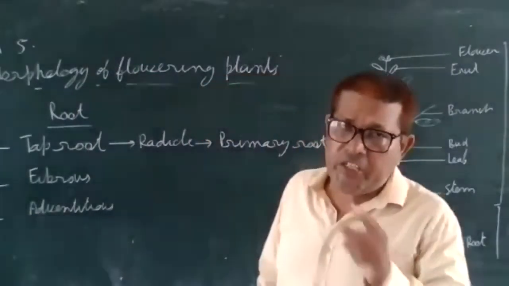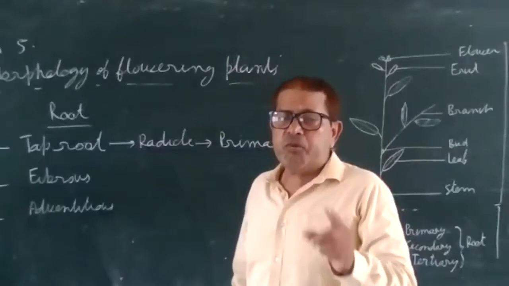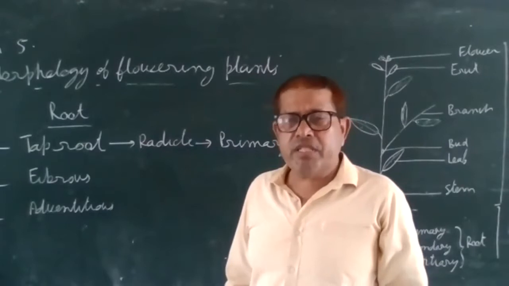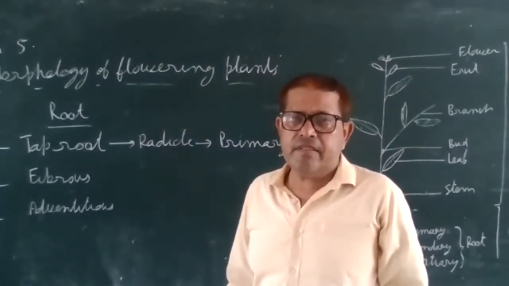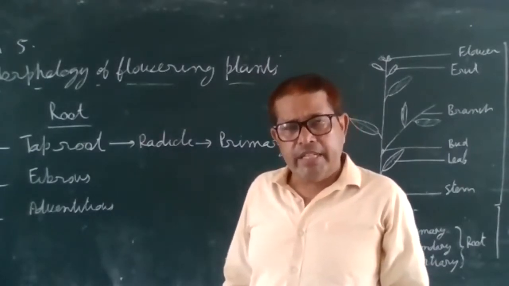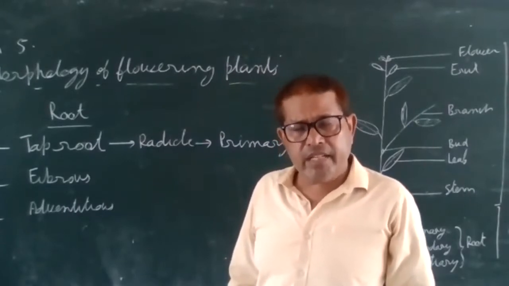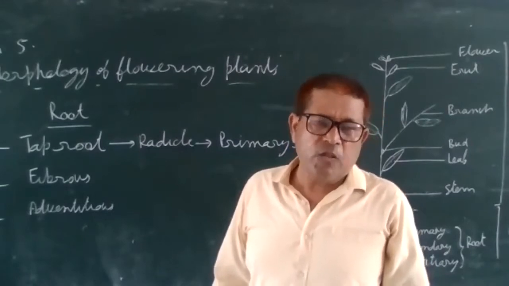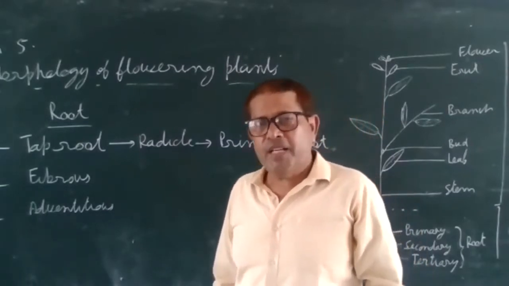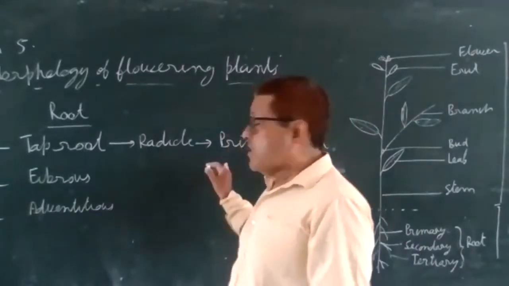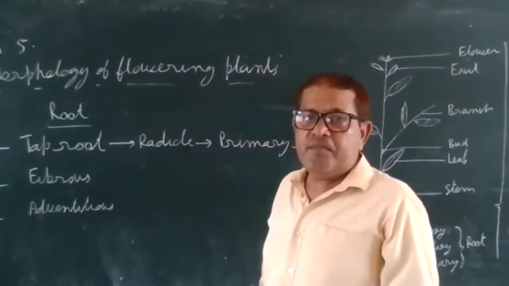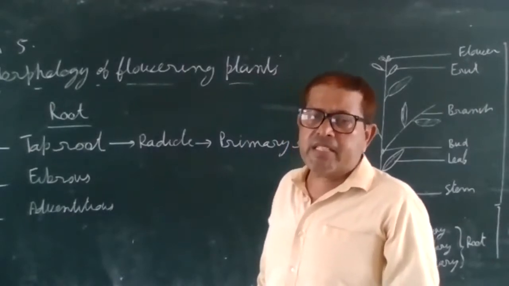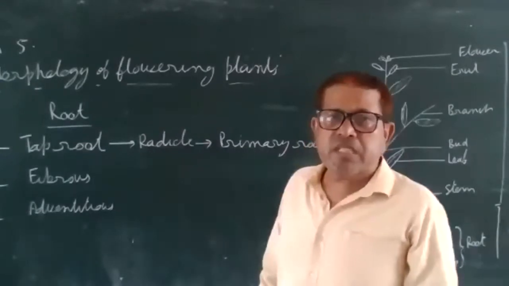And from the primary root, lateral roots arise. These lateral roots are secondary roots, and from secondary roots, tertiary roots, and so on. So primary roots plus secondary roots plus tertiary roots and so on make the root system.